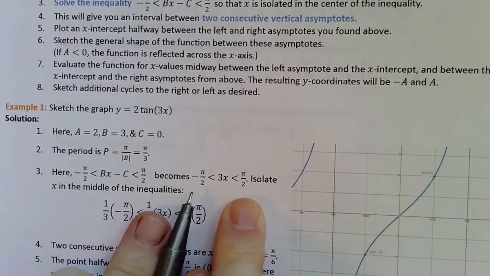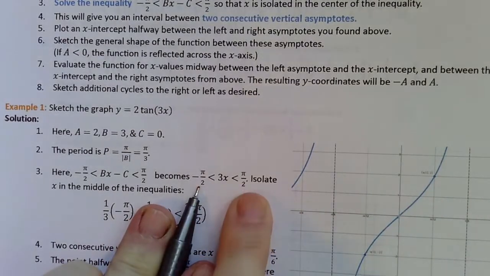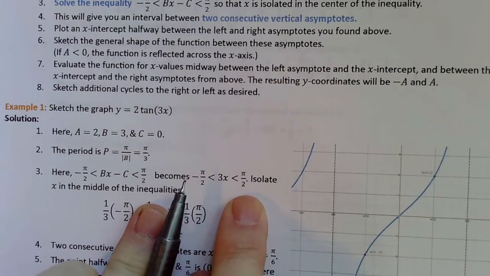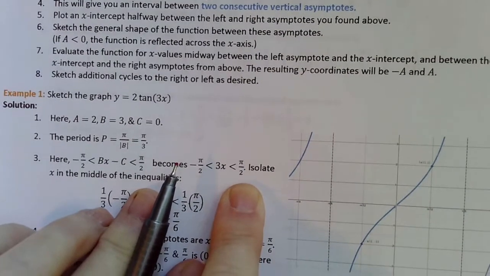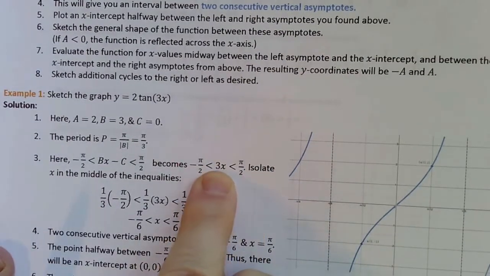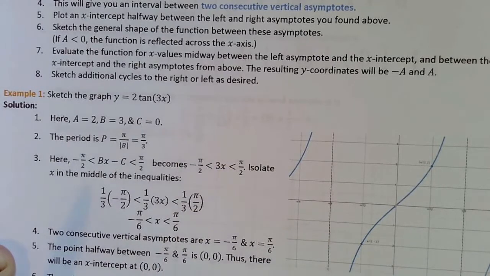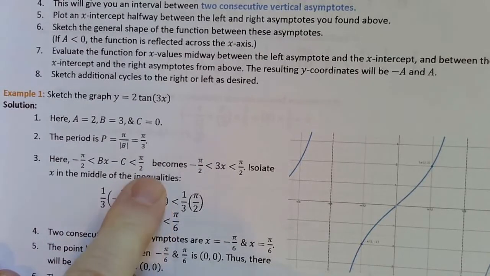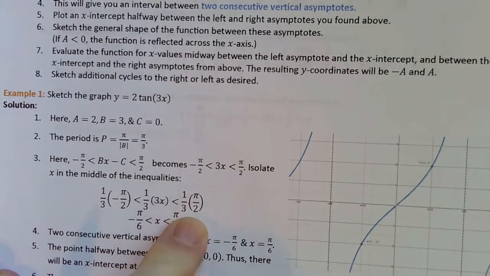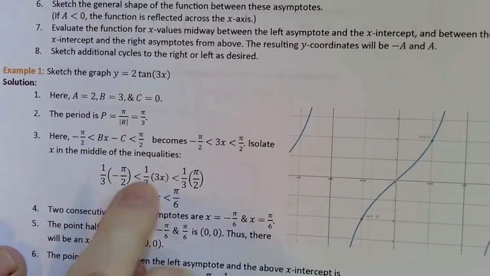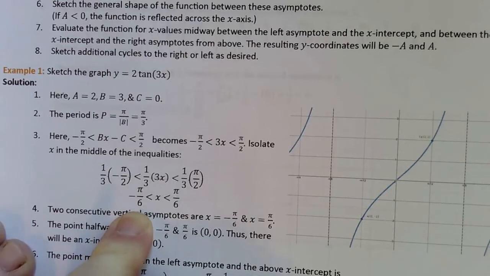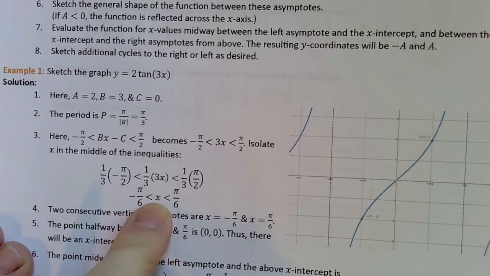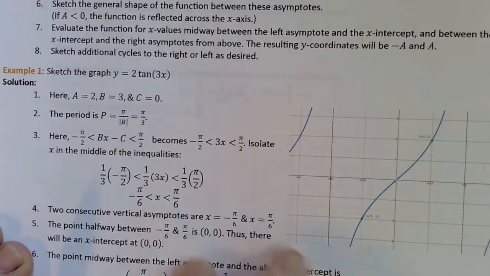These values to the left and right of x are going to give us the vertical asymptotes. To get x by itself in the middle, let's multiply everything by 1/3: negative pi/2 times 1/3, 3x times 1/3, and pi/2 times 1/3. And we get on the left negative pi/6, and on the right pi/6, and in the middle x.